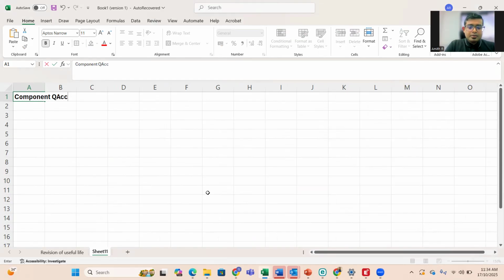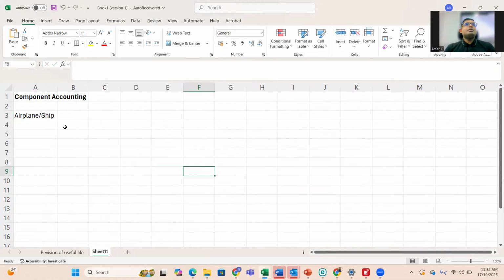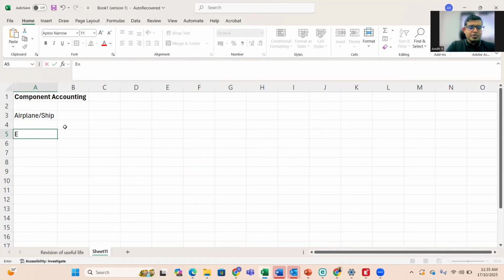Component accounting. Now, what does it mean? Sometimes what happens is, see, each asset has to be depreciated, right? So I buy an airplane or a ship. Now, this would have so many components, correct? It would have an engine, propellers.